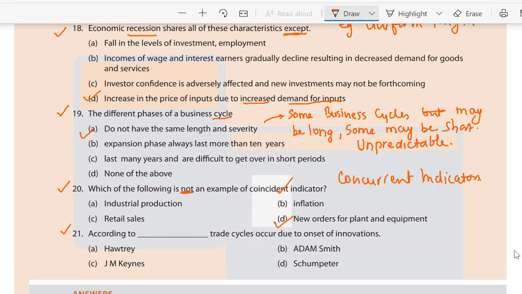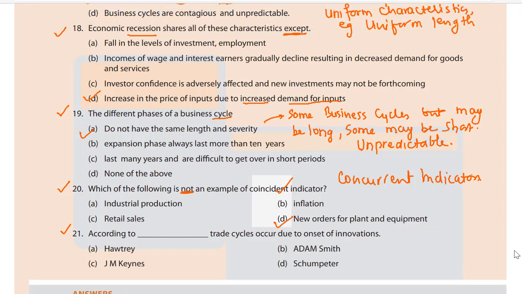Question 21. According to Schumpeter, trade cycles occur due to onset of innovations. A. Hawtrey. B. Adam Smith.